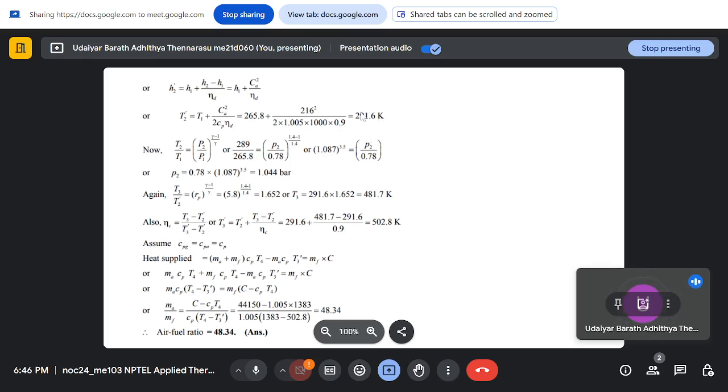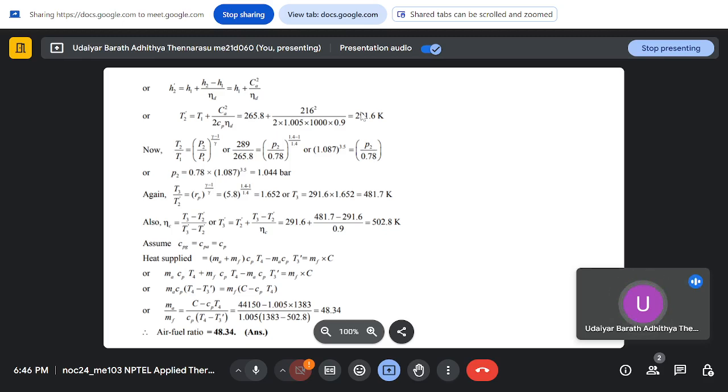Now we need to find out the rise in pressure. We know the temperatures, and assuming the process across the diffuser is isentropic, we know the two temperatures, so we can find out pressure, and we know the inlet pressure.